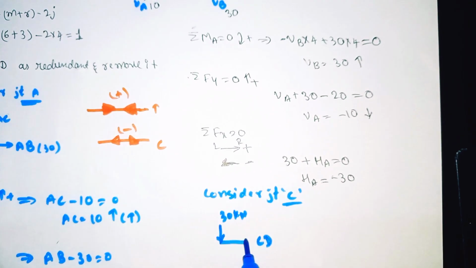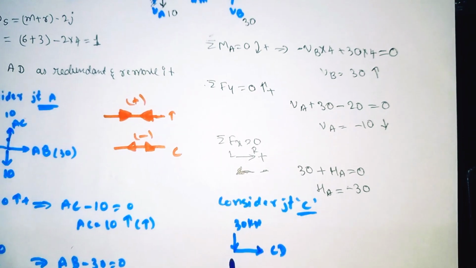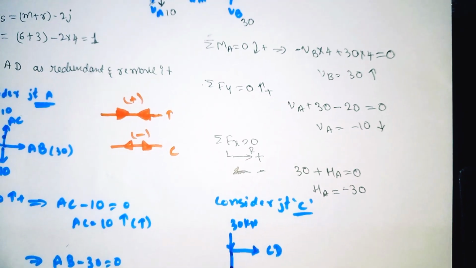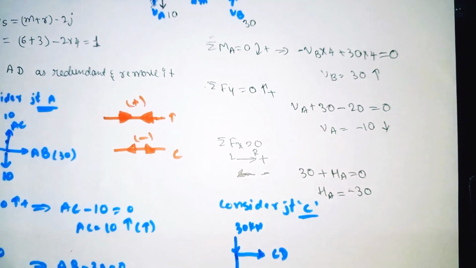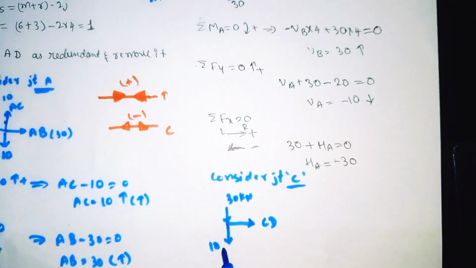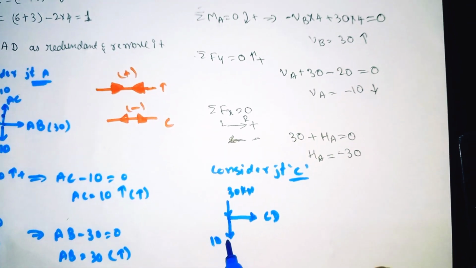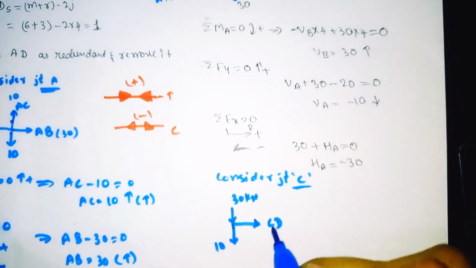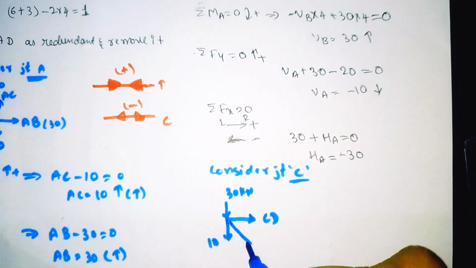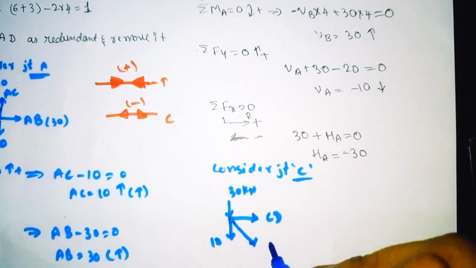We don't know CD, so we take it outward, away from the joint. Here is 10 kilonewton, which we got as the value for AC, and we don't know the value of CD. Here one diagonal member will come, CB, also taken away from the joint.